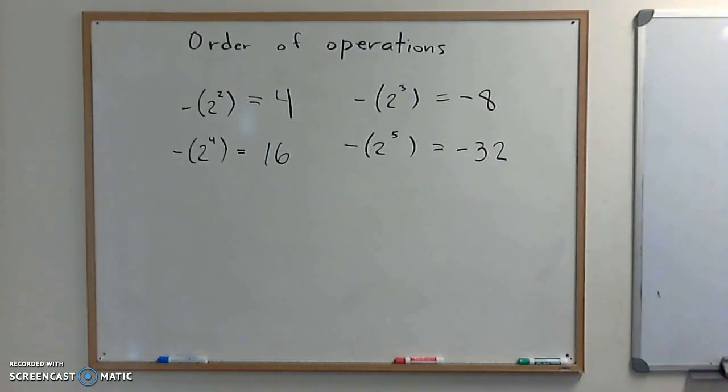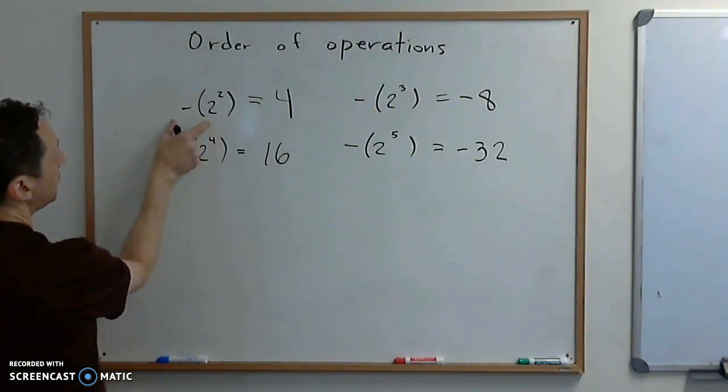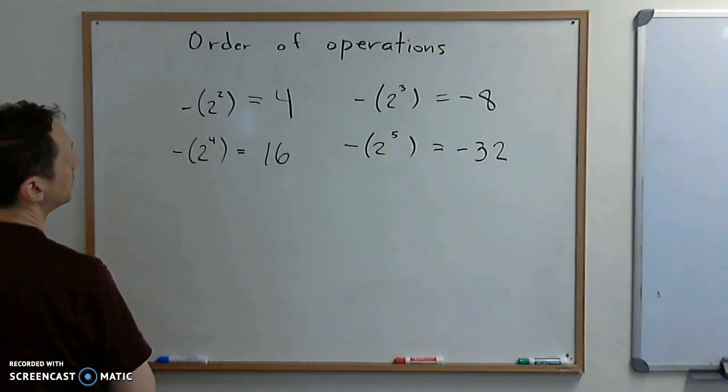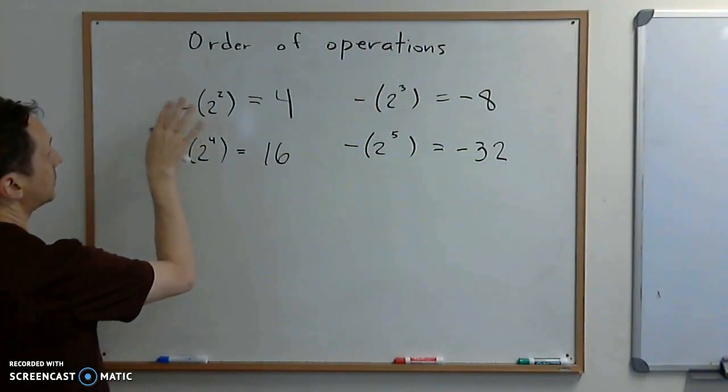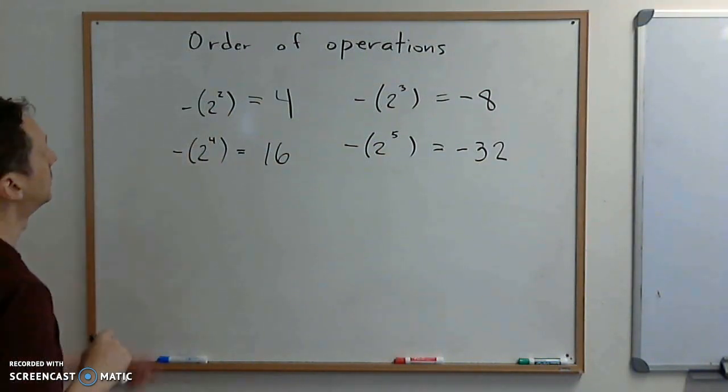We have to be careful when we do these problems about the order of operations. I've rewritten the powers of 2 on the board, but I'm putting the parentheses in a different place now. So now I'm putting the parentheses not around the -2, but around the 2 squared. So that basically indicates to us that we're going to be operating in a slightly different order.